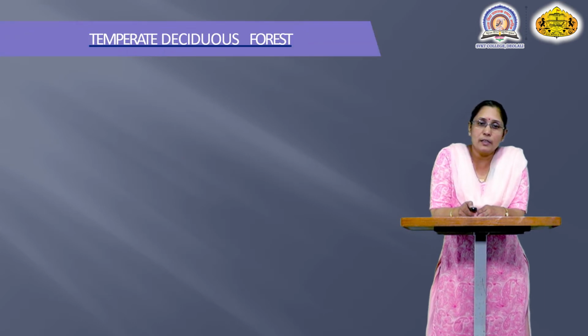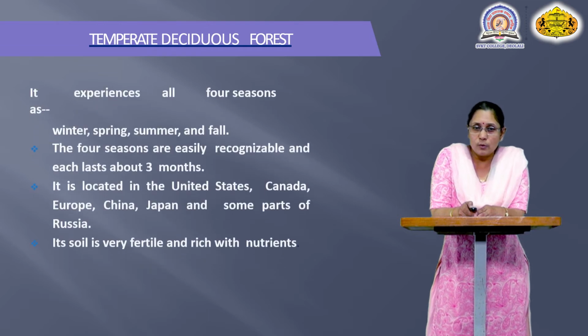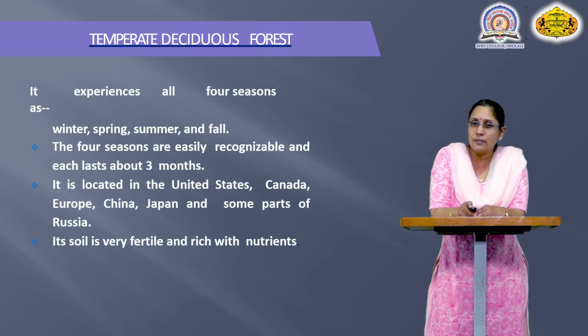The next terrestrial ecosystem is temperate deciduous forest. The term deciduous itself indicates the leaf type, as the foliage leaves can be seen especially in this forest. It experiences all four seasons: winter, spring, summer and fall.